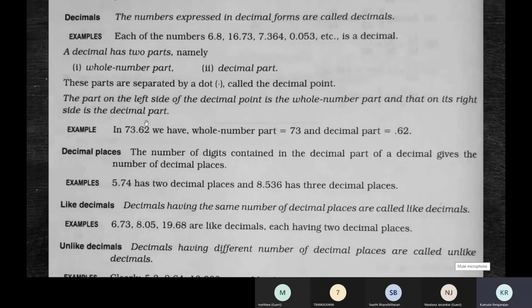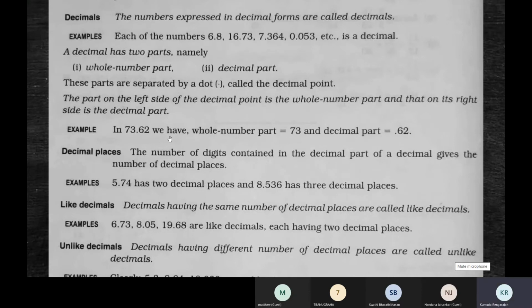That's what you see here, children. The part on the left side of the decimal point is called the whole number part, and the part on the right side of the decimal point is the decimal part.